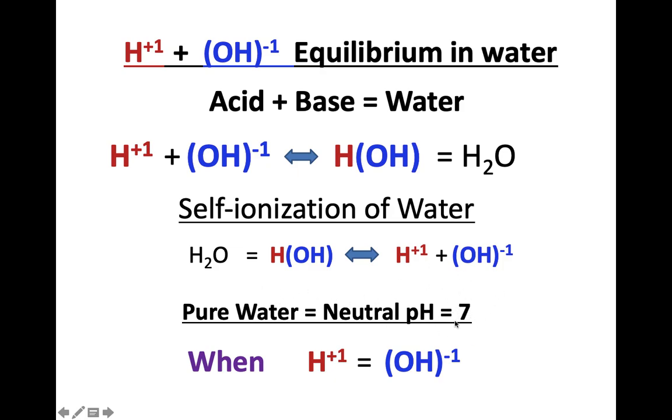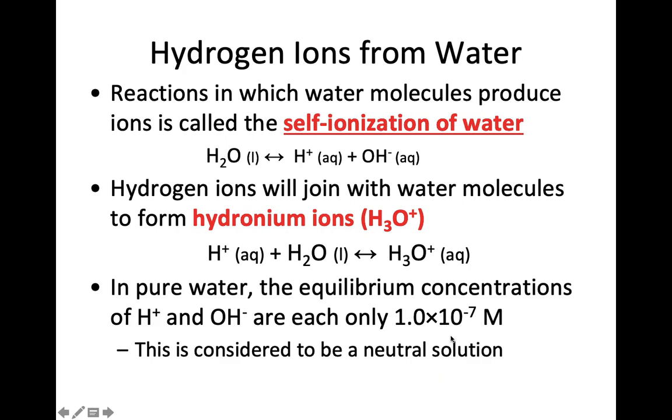The pH of neutral water is 7, and that's when the H equals the OH. So neutral water, purified water, distilled water, deionized water breaks up into the H plus and the OH minus a very, very tiny amount. How much? That relates to this number 7, which you'll see in a second.